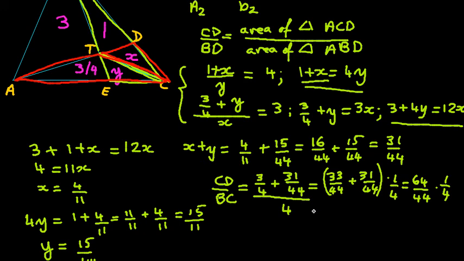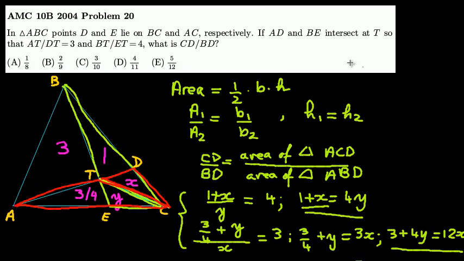Let's simplify here: 64 and 4 give us 16. So it's just 16 over 44, which is equal to 4 over 11. So the answer was 4 over 11, D.